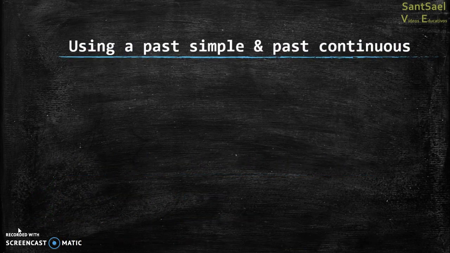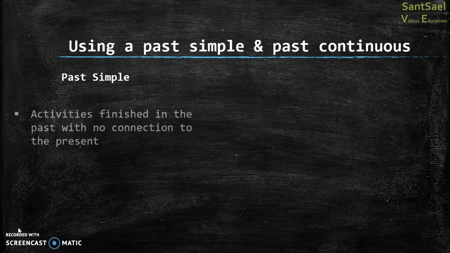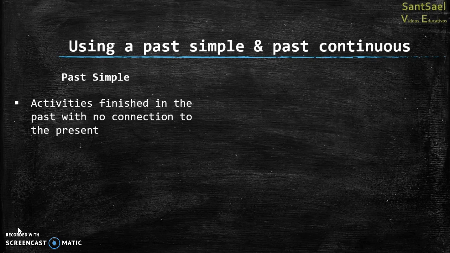So when using a past simple and past continuous, as I told you before in previous videos, past simple on the one hand is used to speak about activities finished in the past with no connection to the present. So actions that are finished.